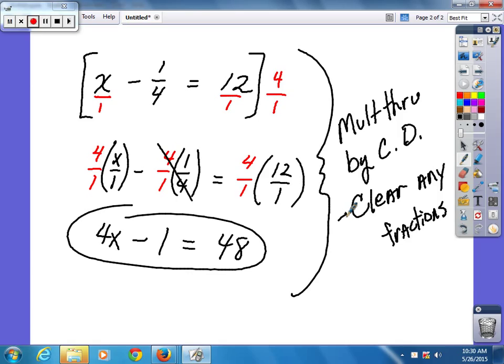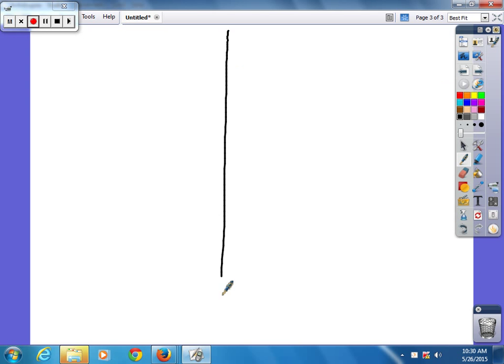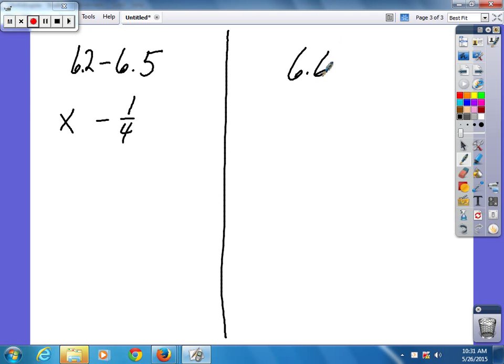Now the difference in the problems we were doing before is this. I was just getting you to put it over a common denominator. So let's go over that right quick. In 6.2 through 6.5, you were doing this: x minus 1/4. And 6.6 and 6.7, I don't know what 6.7 is, probably a conglomeration of everything.